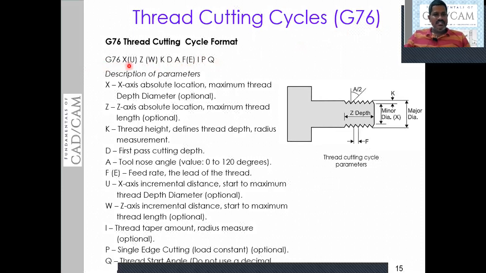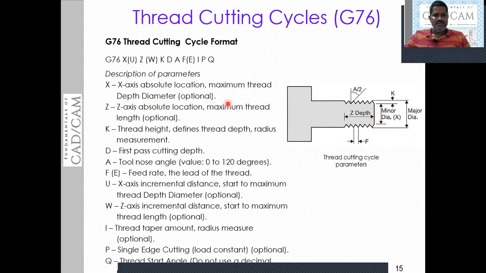So G76 X U, then Z, W, K, D, A, F, E, I, P, Q. Let us see what all these are in detail. So X indicates the axis absolute location, the maximum thread depth diameter.